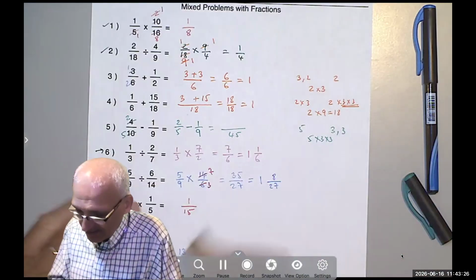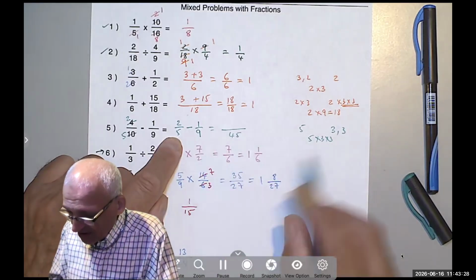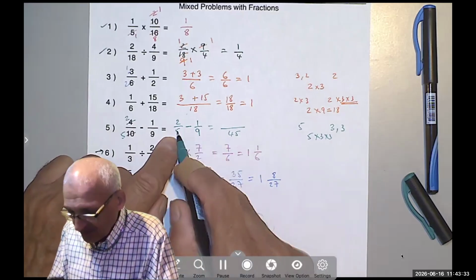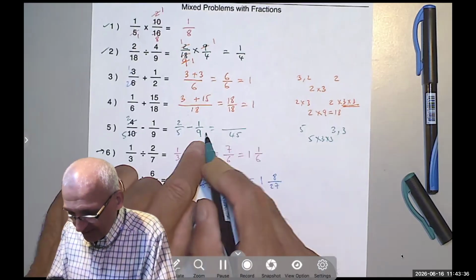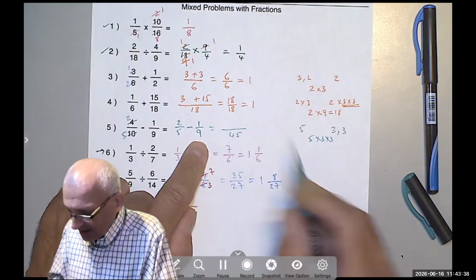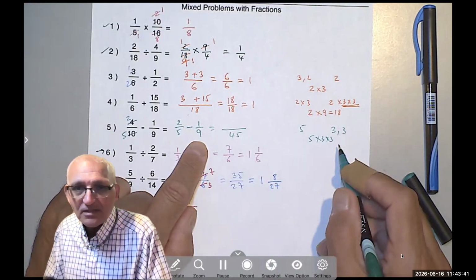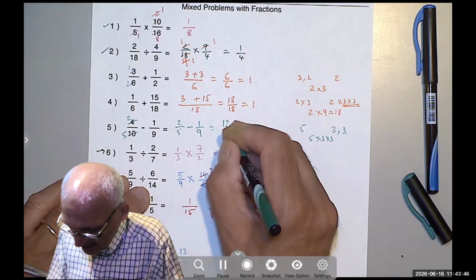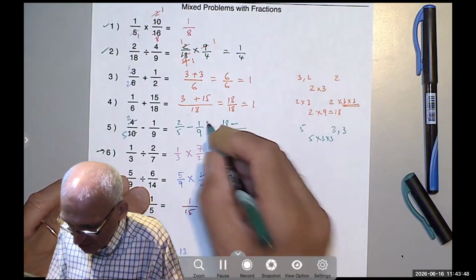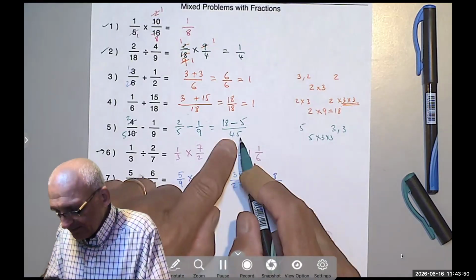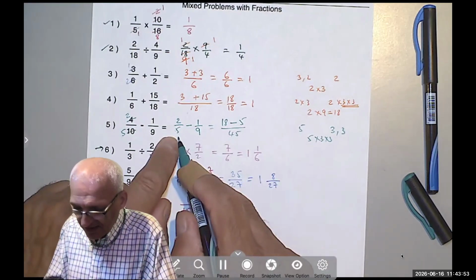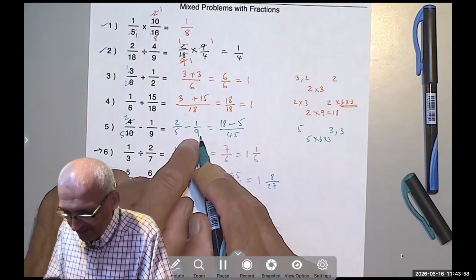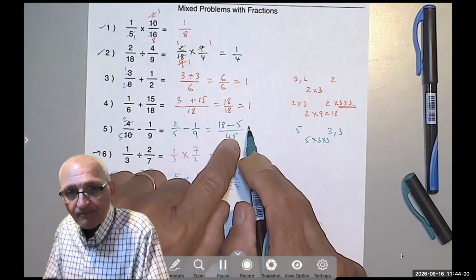I multiply by them. 45 divided by, because I use all the numbers, I don't have to say 45 divided by 5 because I will get 9. And 45 divided by 9, I will get the 5. Why? Because they had nothing in common. So you can say 9 times 2 is 18, minus 5 times 1 is 5.